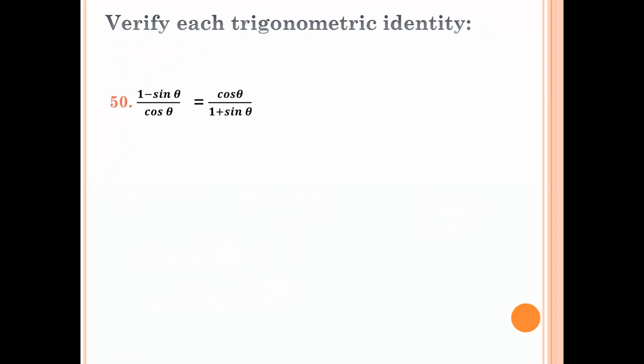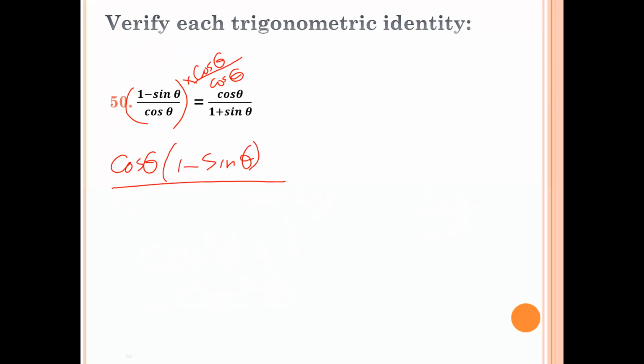If you multiply the first term by cosine theta over cosine theta, it will be cosine theta times 1 minus sine theta over cosine squared theta. Now, cosine theta times 1 minus sine theta.